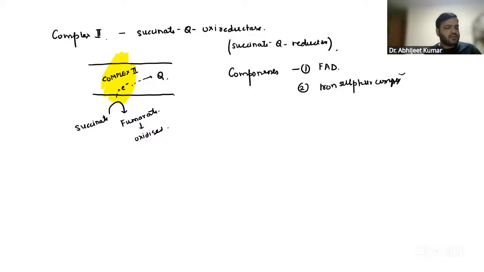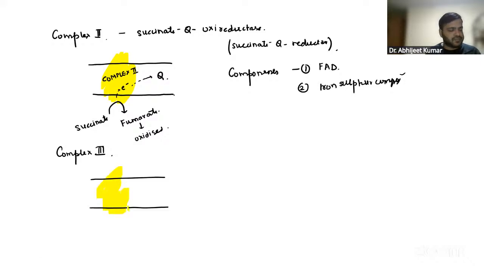Now the third one, the complex 3. Again we have the membranes and the complex 3. Now this Q over here is carrying an extra electron.